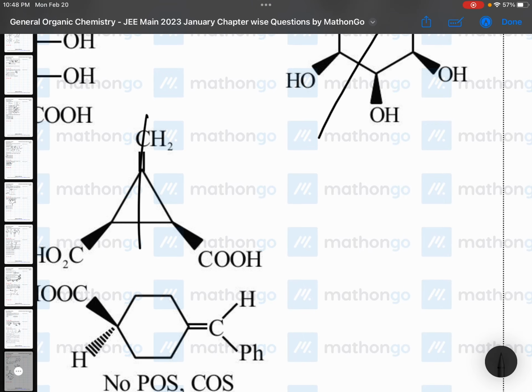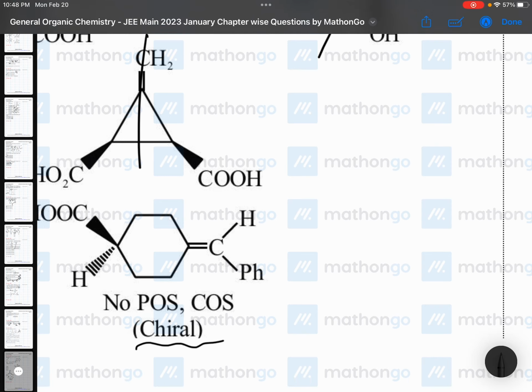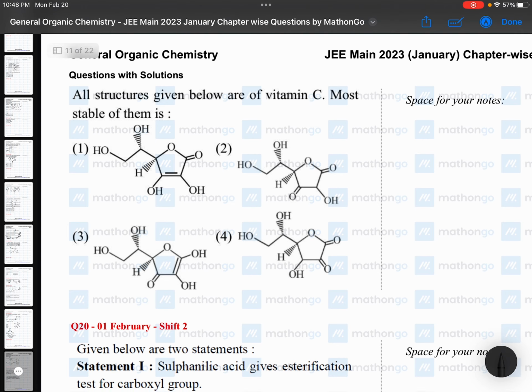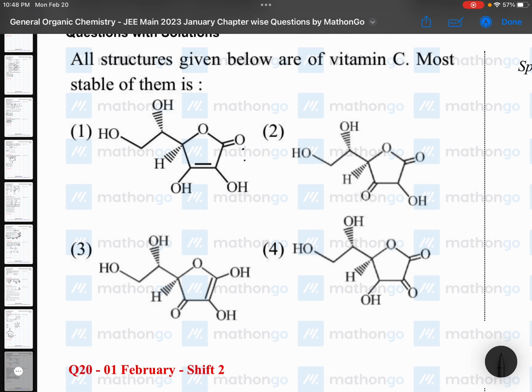This also has a plane of symmetry. This one is chiral. The answer is mentioned here, so 2. 19th question. All structures given below are of vitamin C. The most stable of them is the one with hydrogen bonding. The structure in which hydrogen bond comes is the most stable. I think something went wrong here. Yeah, hydrogen bonding will be found here.